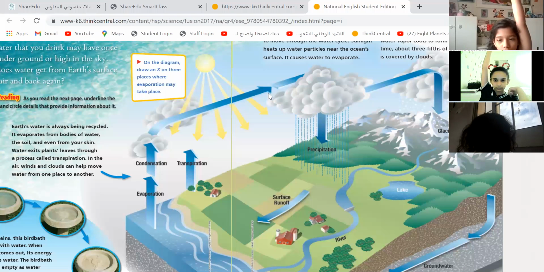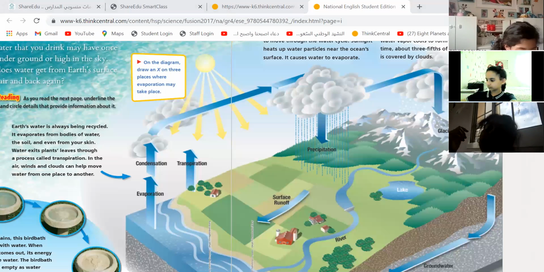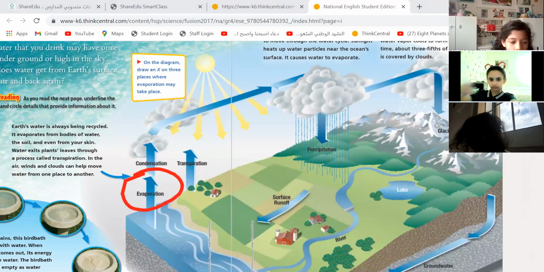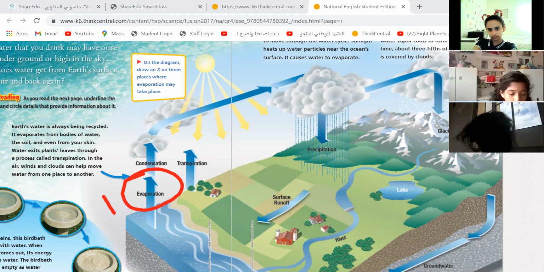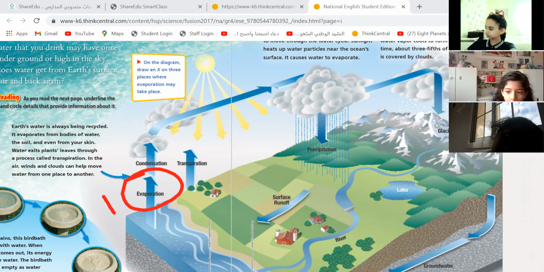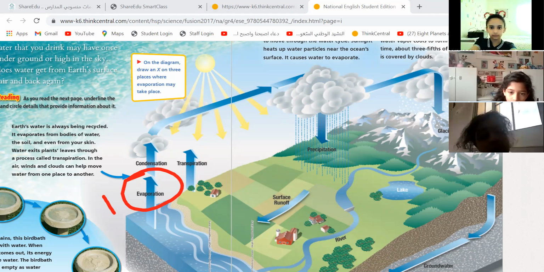Yes, Alayan. Evaporation. Excellent. Number one is evaporation. That means water vapor goes up in the sky. What about the next move? What is going to happen next? Condensation.